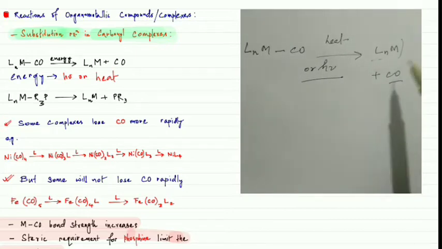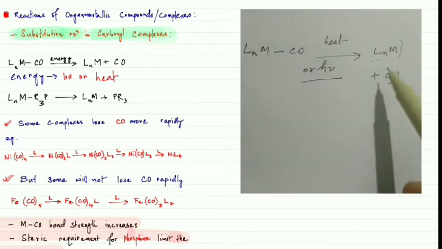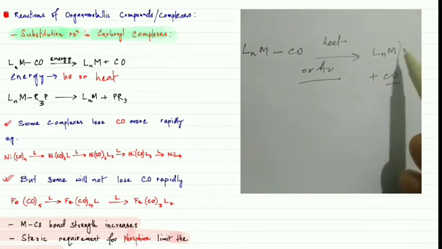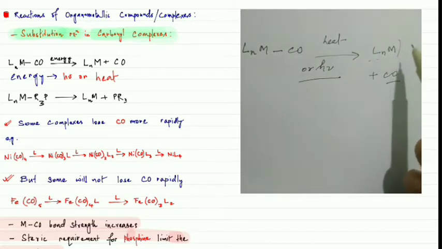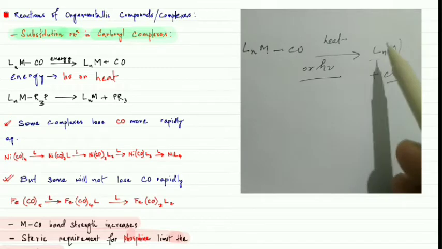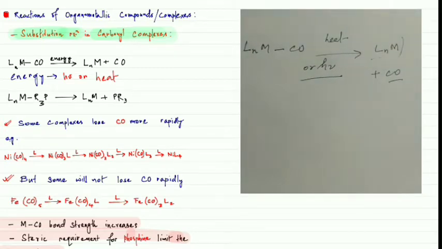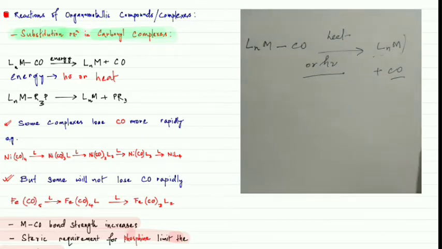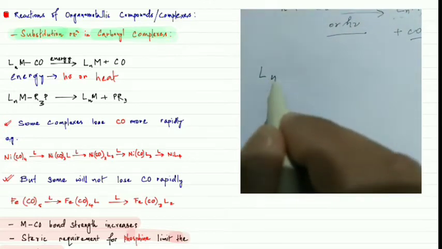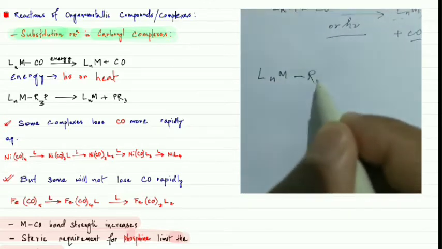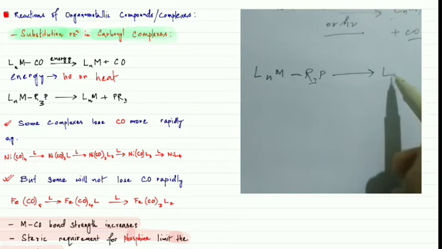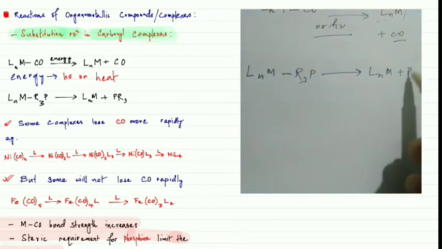So that means a proper ligand can be joined with that vacant site of this complex. Okay, so this carbonyl ligand is substituted by some other ligand. Understand, no? As for example, LnM-PR3, that is LnM plus PR3.